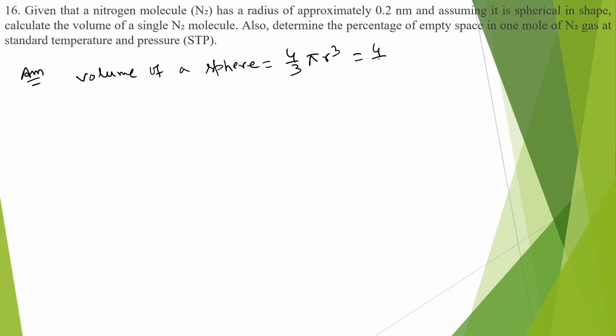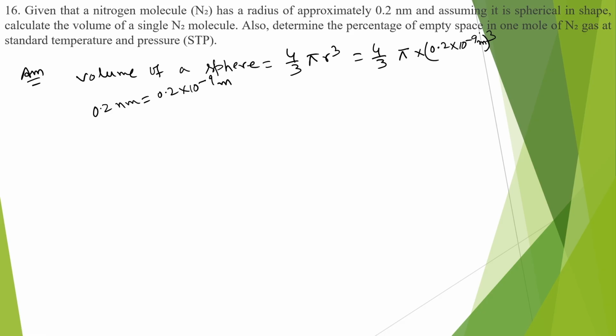So, 4 by 3 pi, value of r is in nanometers, we need to convert it into meters. So, 0.2 nanometer is 0.2 times 10 to the minus 9 meter. So, we get 0.2 times 10 to the minus 9 meter to the cube.